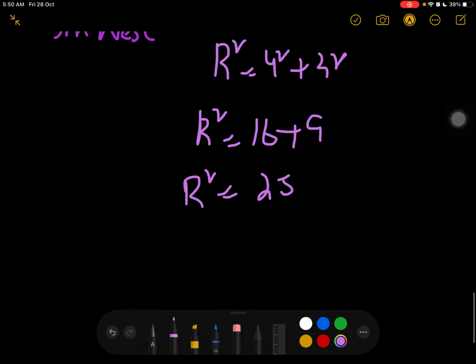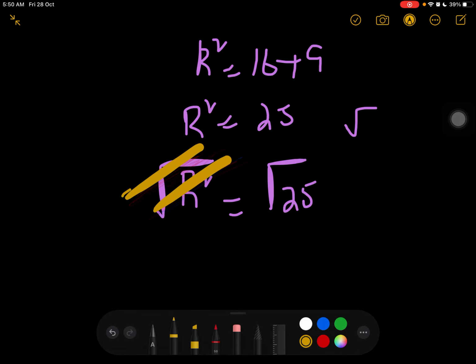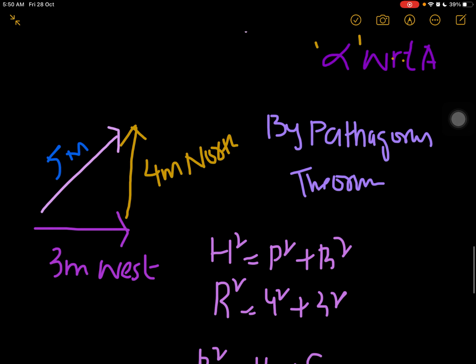Now we will take the square root. The square will be cut, and the square root of r will be 5, right? This is what I said, that 5 will be coming over here.